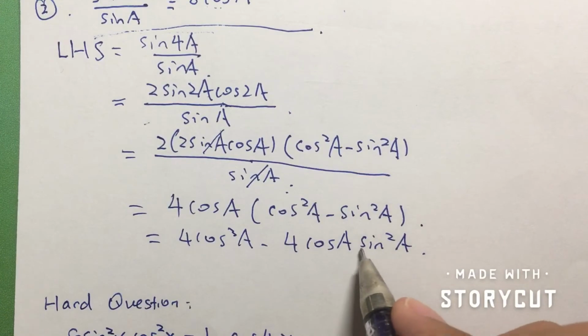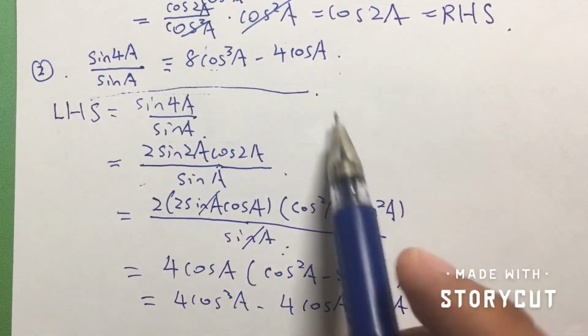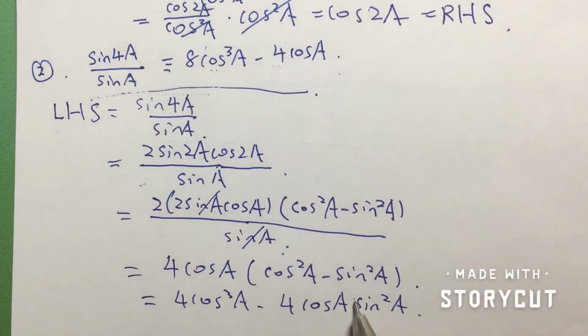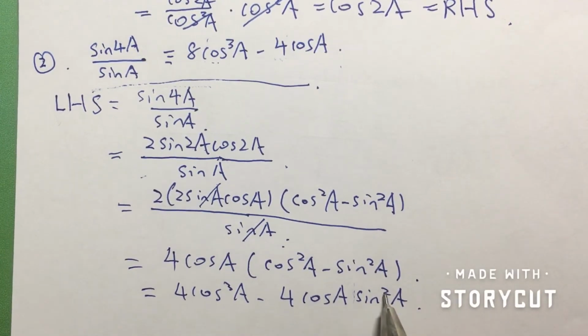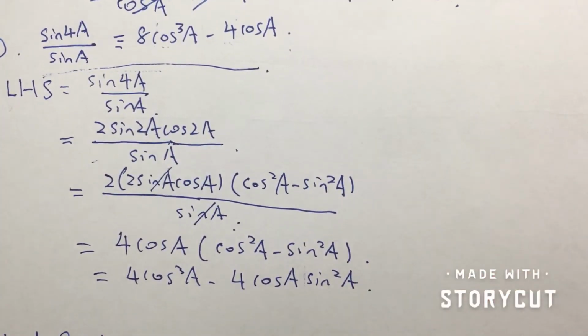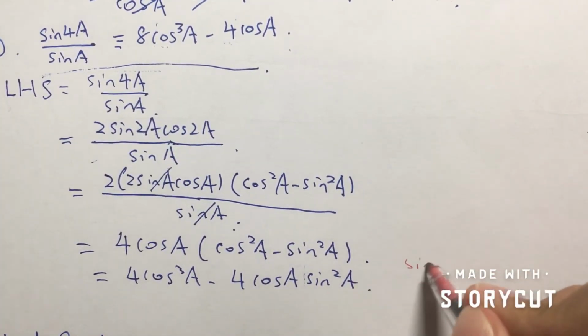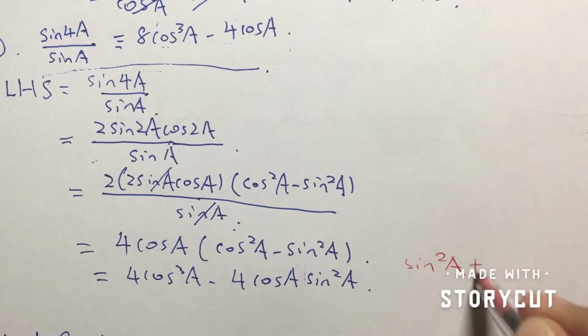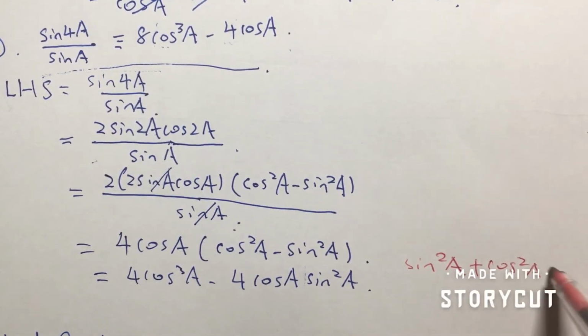And we know this, and our aim is to change sine into cosine. And here is the square, which is really useful because we can now use the equation sine squared a plus cosine squared a equals 1.